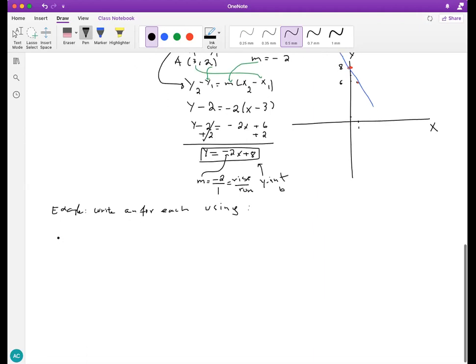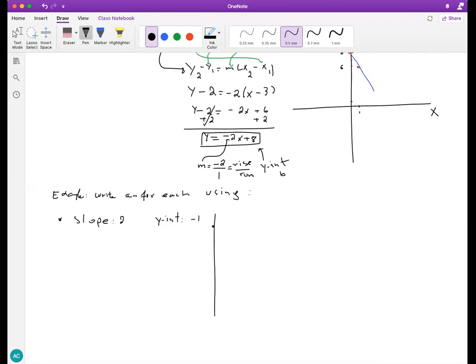So the first case, let's say I'll give you the slope: slope 2 and y-intercept -1, for example. That's the first case. Then the second one, actually I'll write this closer. So slope 2 and y-intercept.